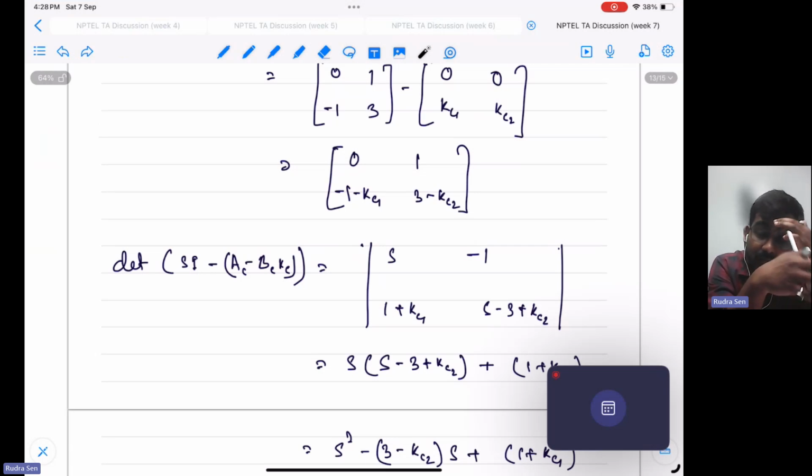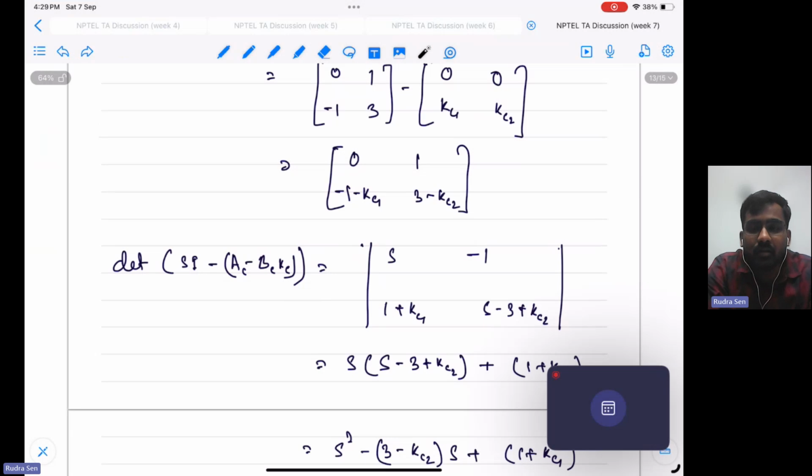But if your system is more than 3 cross 3, it would be difficult to find the determinant of sI - A + BK, because the system is too high. Once you transform it by a similarity transformation, your A matrix is in controllable canonical structure, so it is easier to find the determinant.